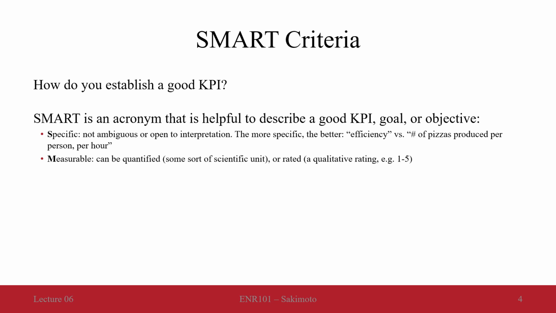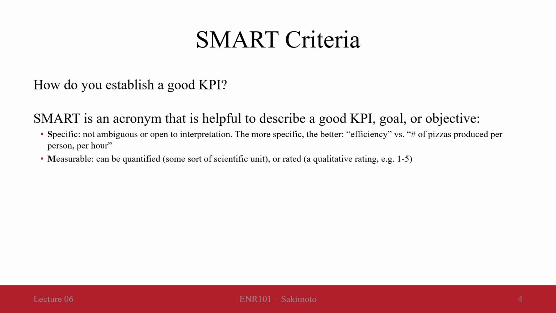We also want to be measurable. As we said before, these KPIs are all based on some sort of quantitative evaluation and quantitative optimization. Of course, this might be some sort of normal scientific unit, the gallons of beer produced per batch, the length of time someone has to wait at a stop sign or a stoplight, so on and so forth.